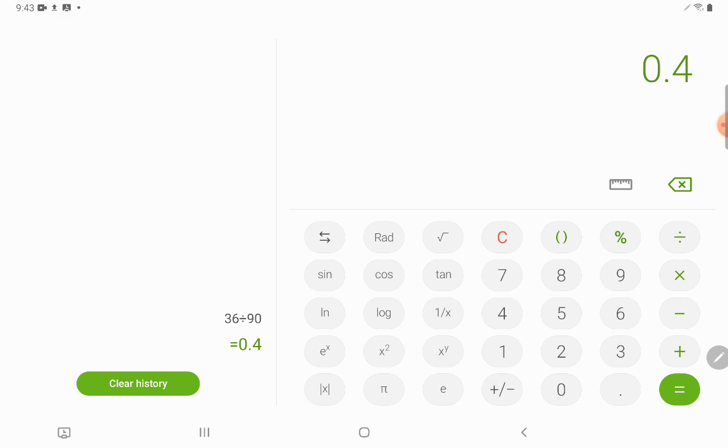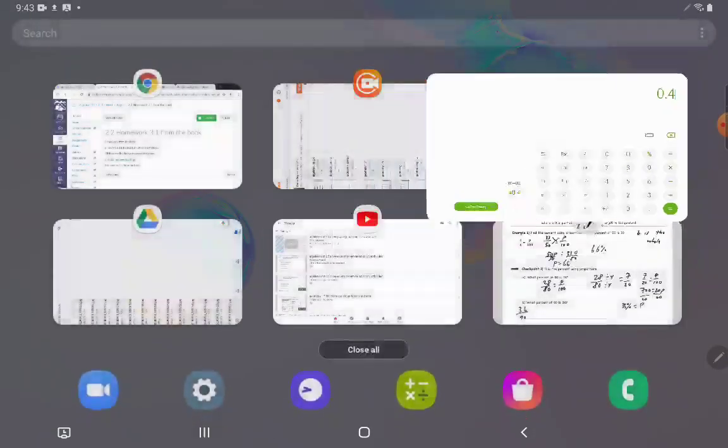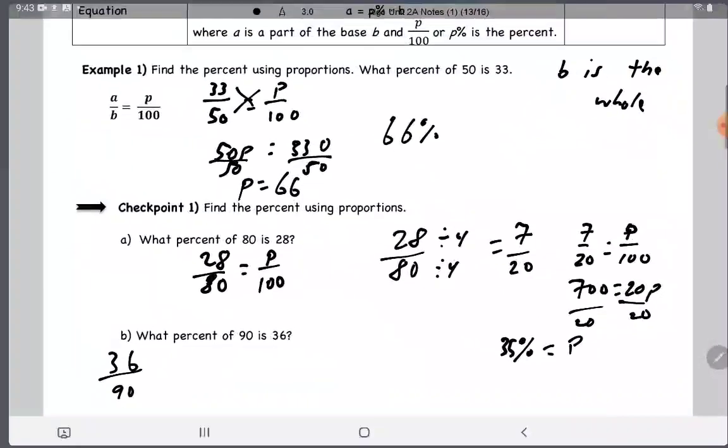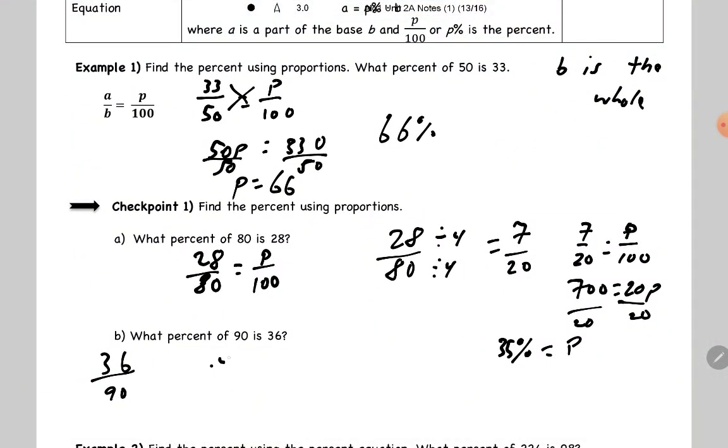Notice here, what you used to do is you got the 0.4, and then you moved the decimal place over. I don't know if you remember this. If you don't, ignore this, and that would give you 40%. But you always take 36 divided by 90, and then we set it equal to p over 100.